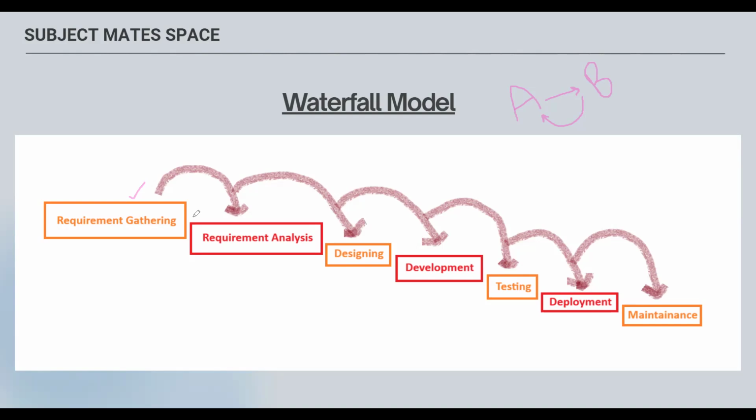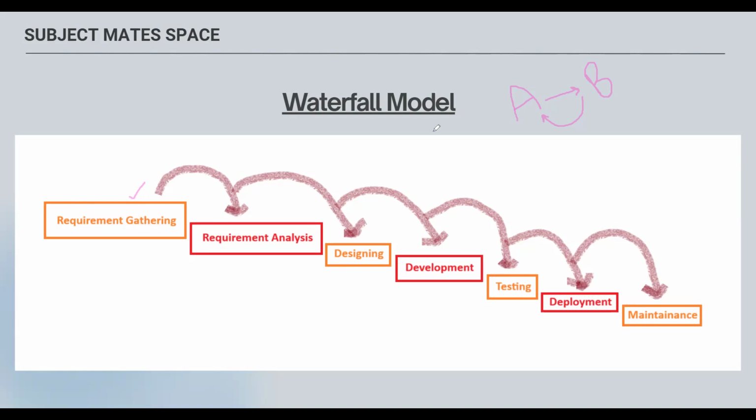Now in waterfall model, what exactly happens is each phase is completed one by one. So if you get requirement gathering, you'll not directly start designing or development. No, right? First, we are going to understand the requirement completely.